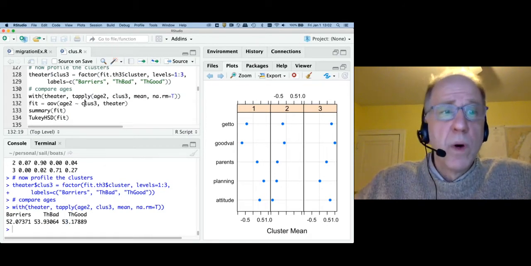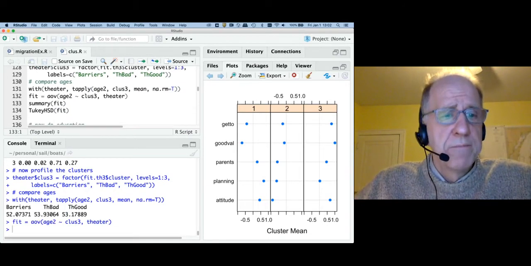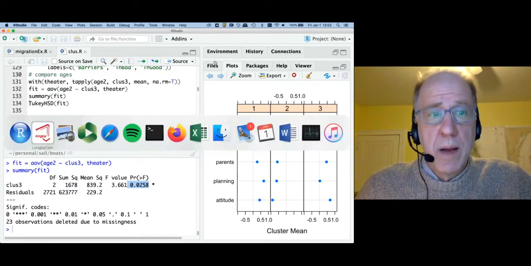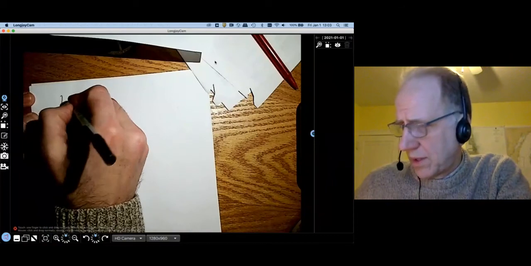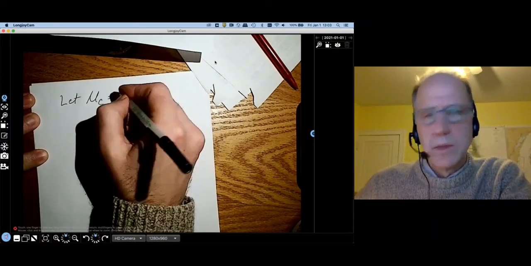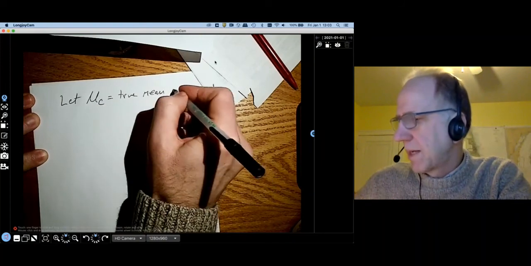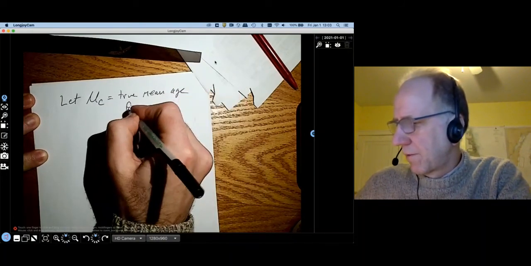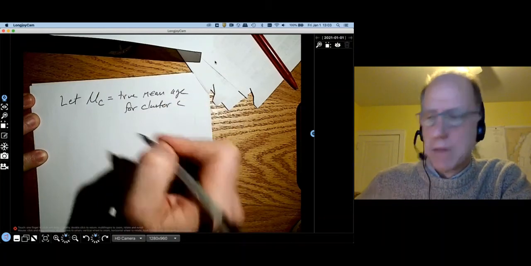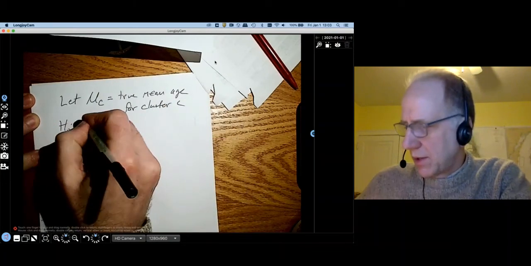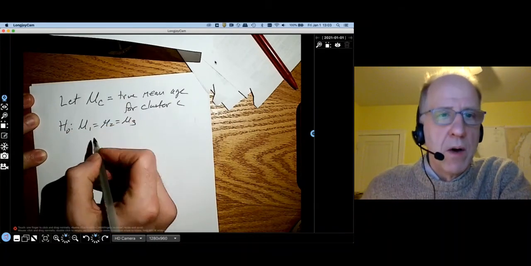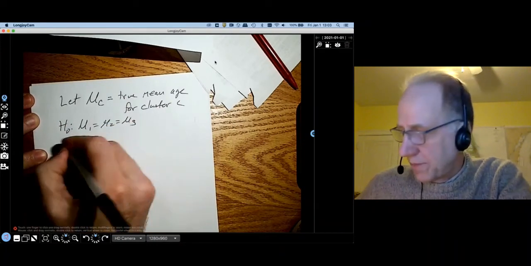I like to run a one-way analysis of variance in the data. This p-value tests the following null hypothesis. So let's say that mu sub c equals the true mean age for cluster C. My null is that mu1 is equal to mu2 equals mu3, meaning all three clusters have the same age.